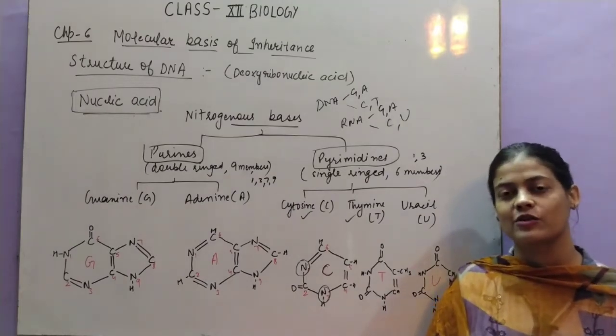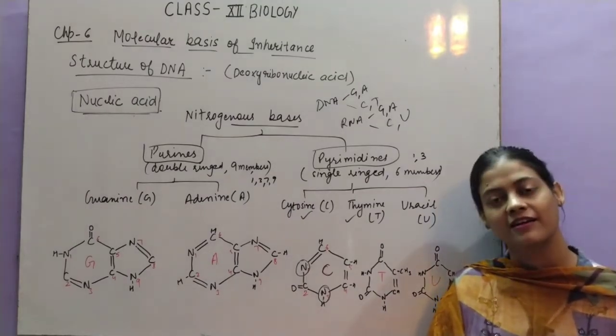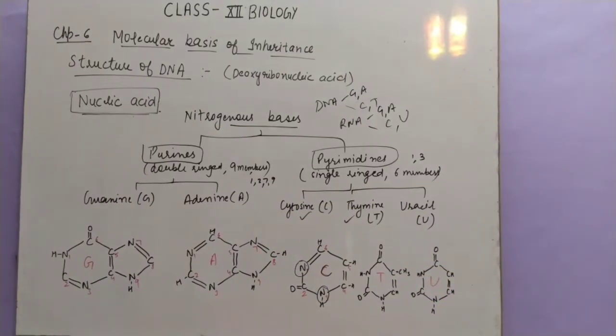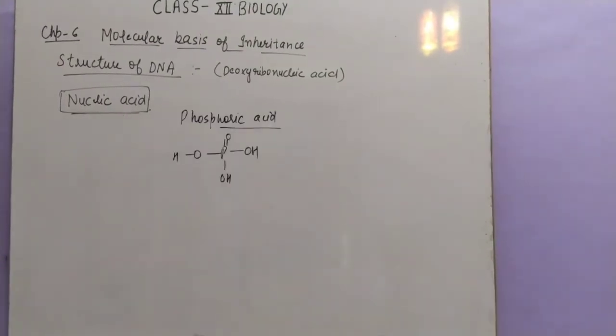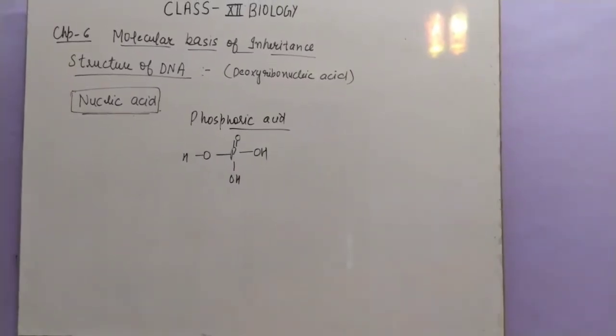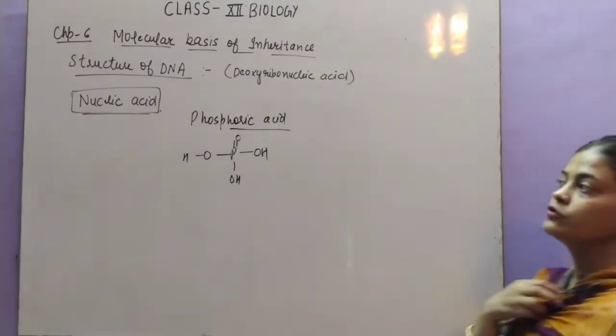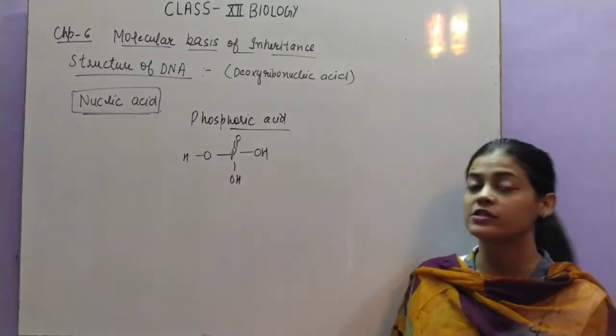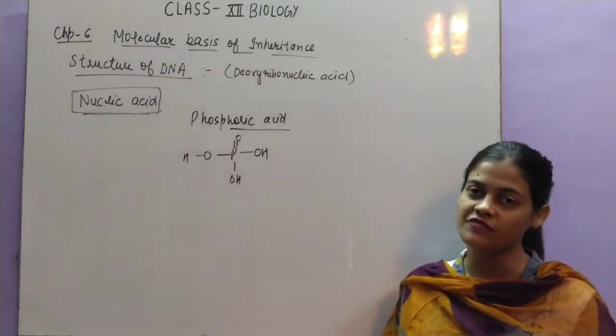Now let's see the structure of phosphoric acid, that is the third component of nucleic acid. Phosphorus, you know that it has 5 valency, it forms 5 bonds.